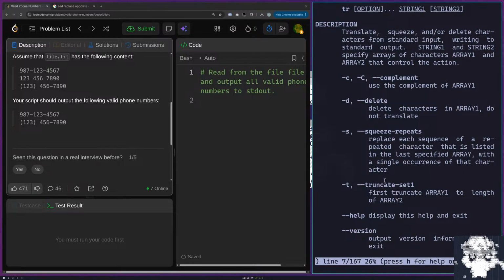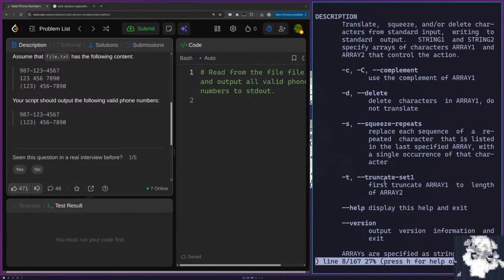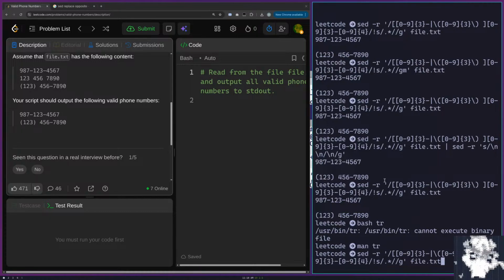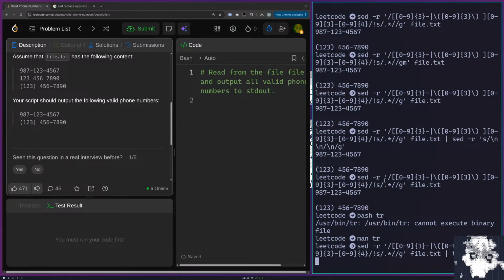Squeeze repeats. Replace each sequence of a repeated character that is listed in the last specified array with a single occurrence. Yeah. So that's what I want. Do this and then pipe that into TR, where we're gonna replace multiple new lines with a single new line.